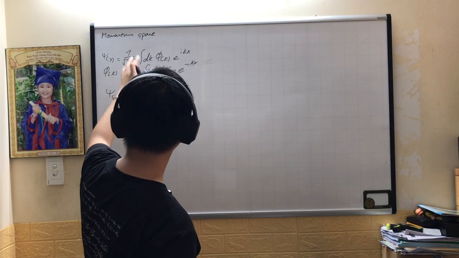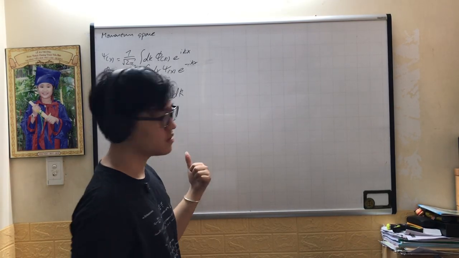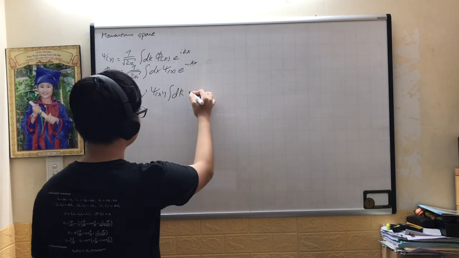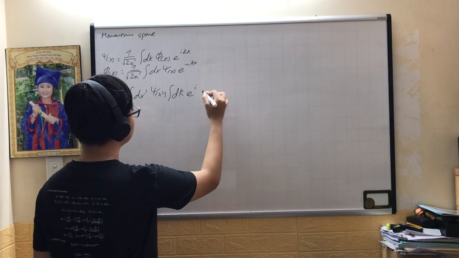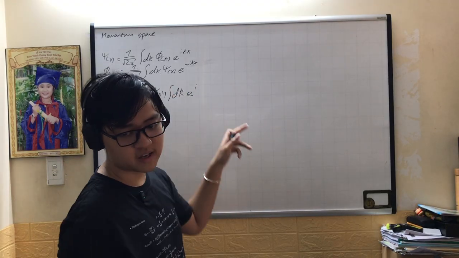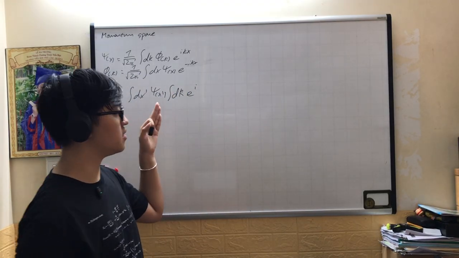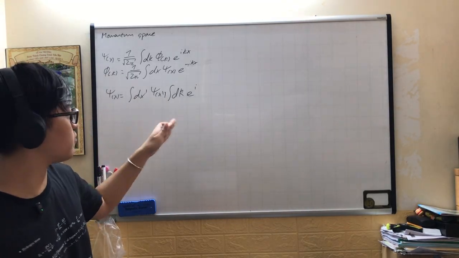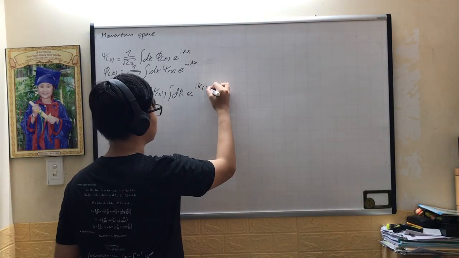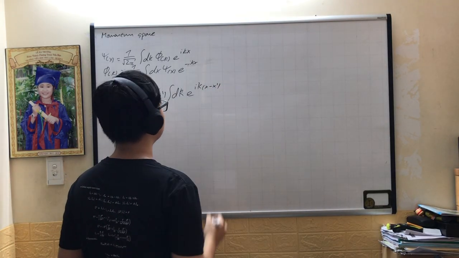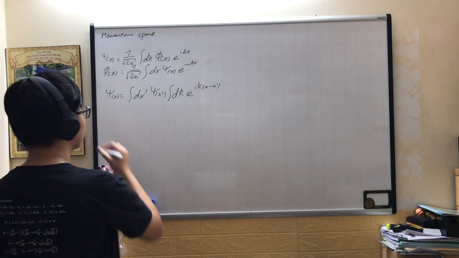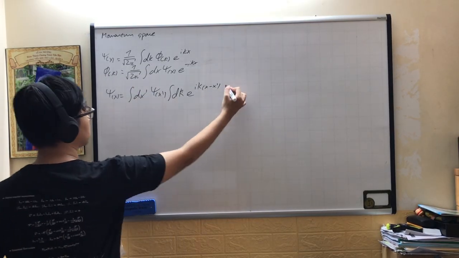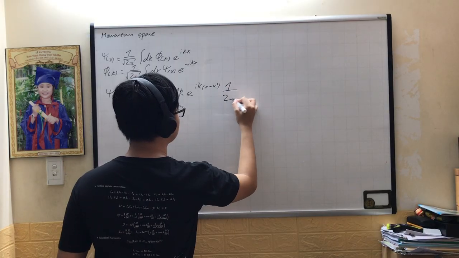You put the phi of k back here. So now this part would be e to the i k, and we only got a different x this time, would be x minus x prime, times, okay, I forgot that part, over 2 pi.